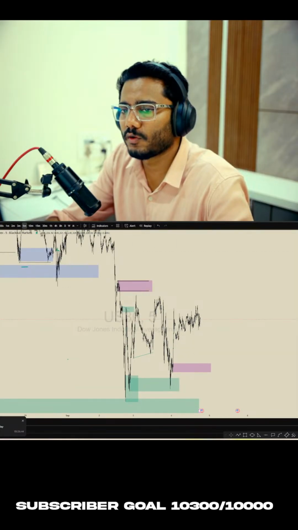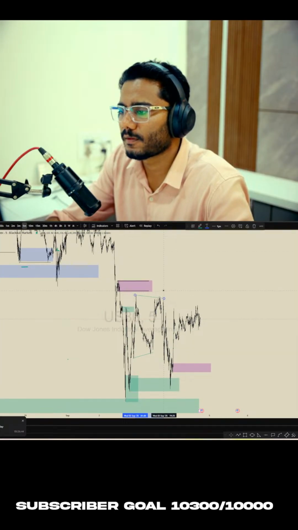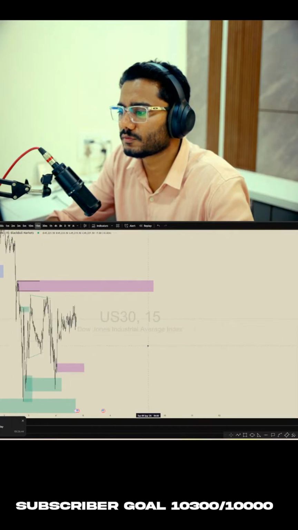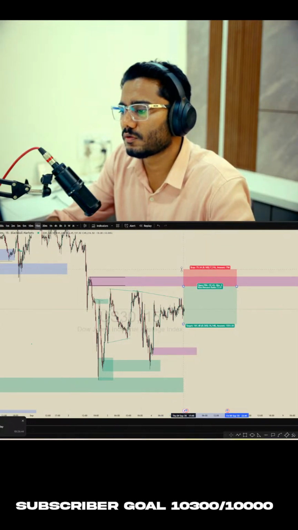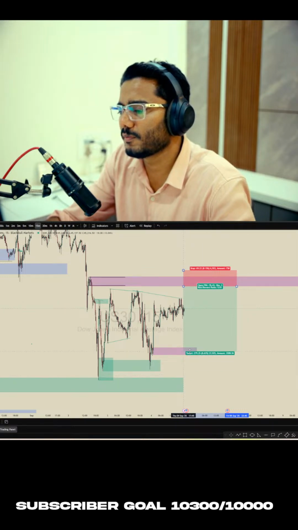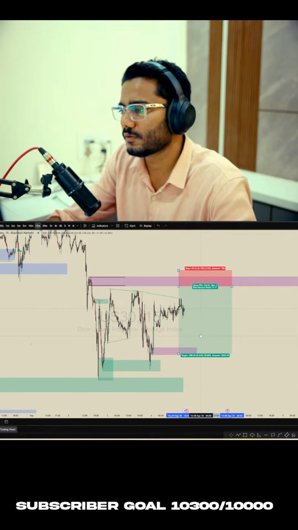And there is a trend line liquidity above the structure, so you can look for a sell side from here. It's creating trend line liquidity to the above, and you can target the next liquidity or maybe the next structure, depending.